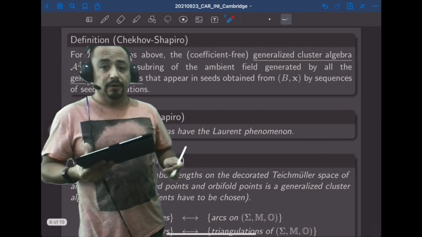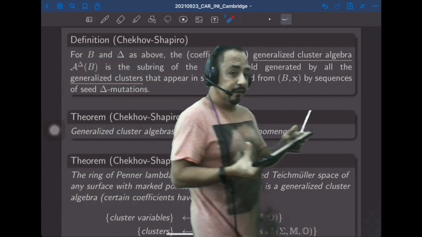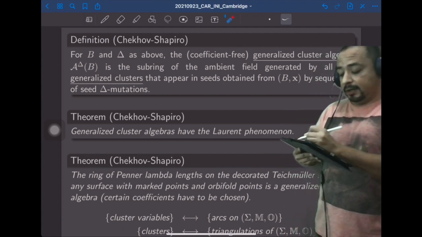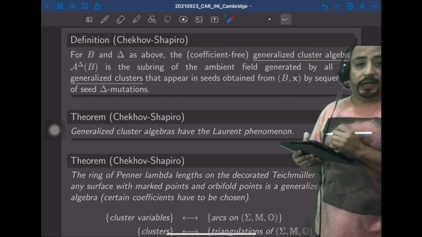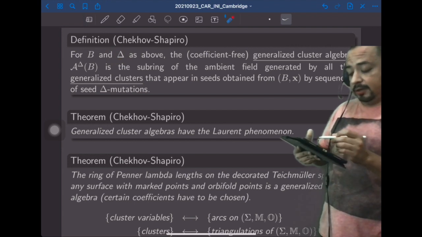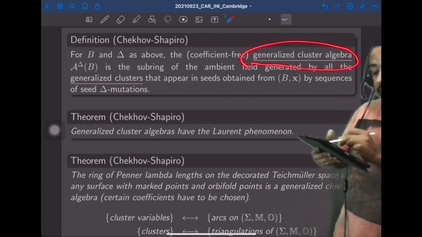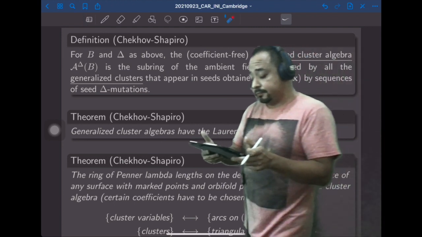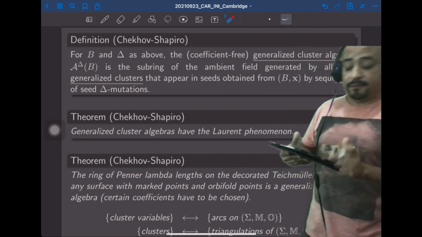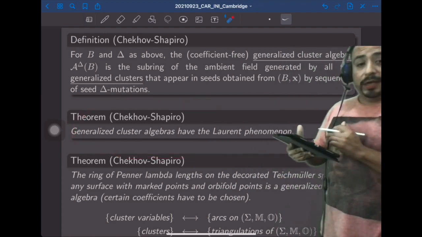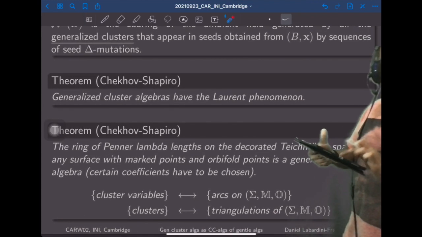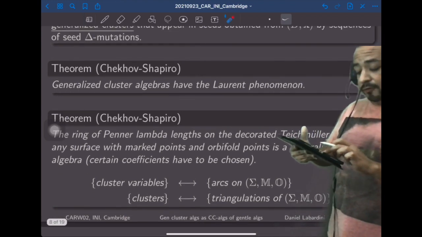And then of course, just like Fomin and Zelevinsky, Chekhov-Shapiro started mutating with a fixed choice of delta, right? And what they generate, they call the generalized cluster algebra. Something they prove is that these generalized cluster algebras have the Laurent phenomenon, and one natural source of generalized cluster algebras comes from Teichmüller theory, right?